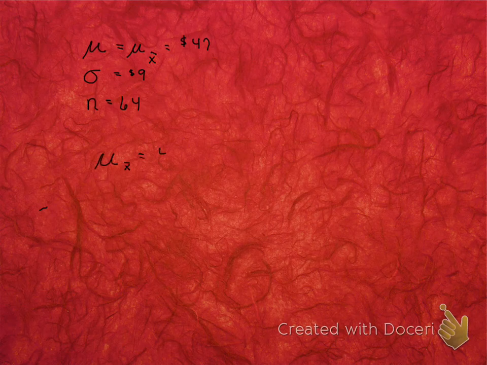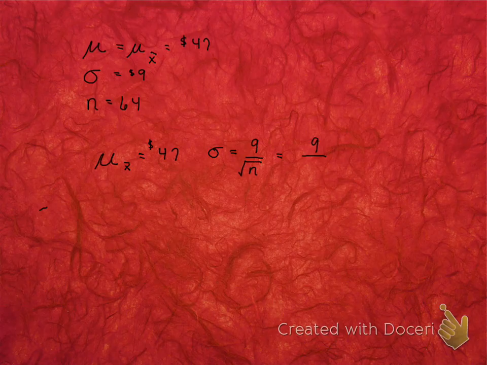Well, that is going to be the same. Remember, it's always the same. But what we need to do is find the standard deviation, okay? So in order to find the standard deviation, that formula is the standard deviation from the above information all over the square root of n, which in our case is 64.